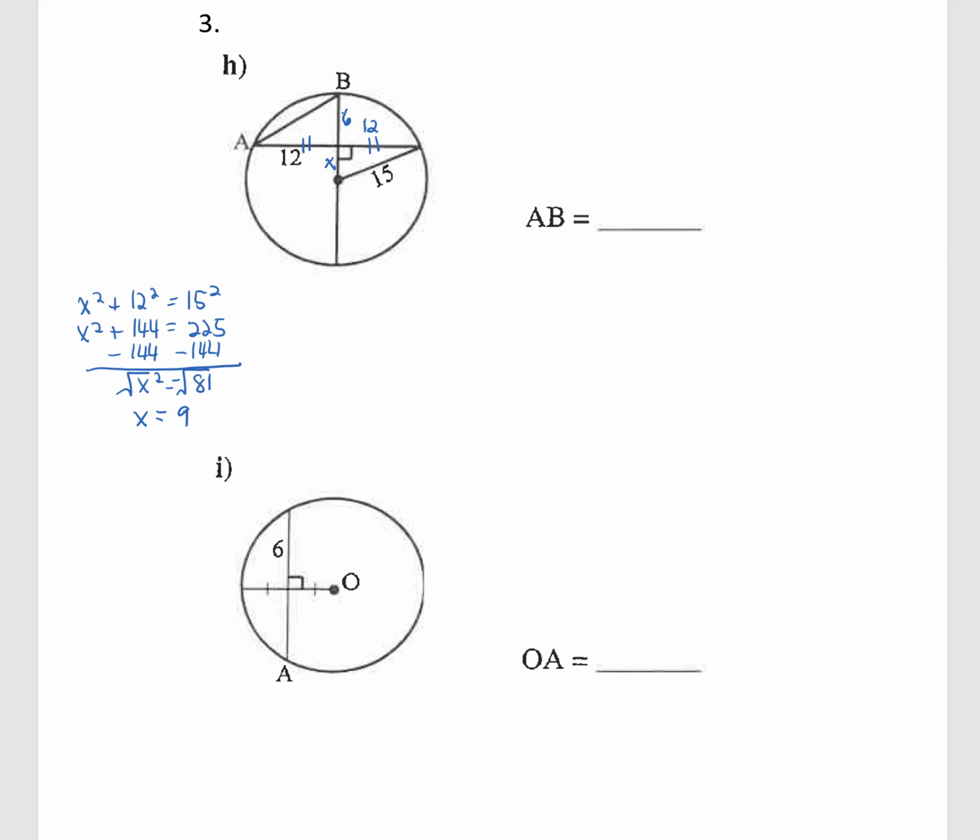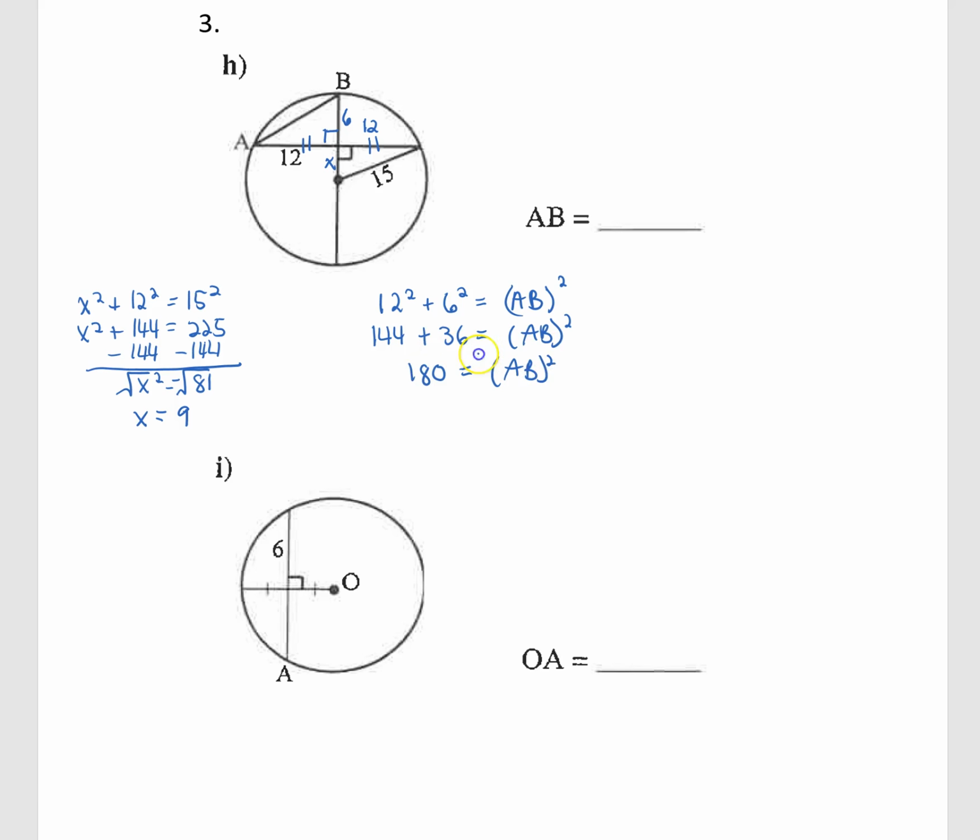Again, we have a right angle triangle where one side's 6, one side's 12, and one side's unknown. We can figure this out through Pythagoras' theorem. So 12 squared plus 6 squared equals AB squared, which is what we're trying to find. 12 squared is 144, 6 squared is 36, and when we add those together, we get 180.